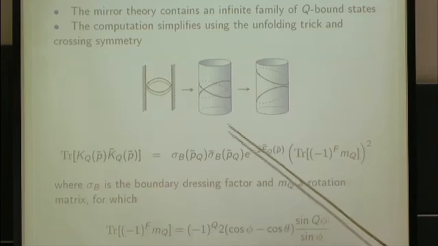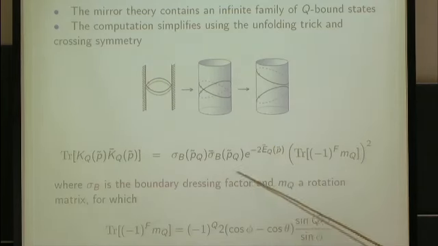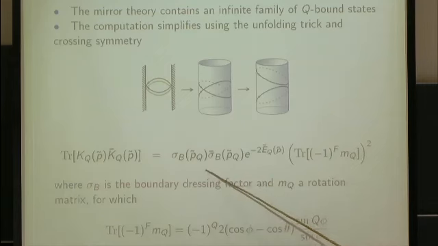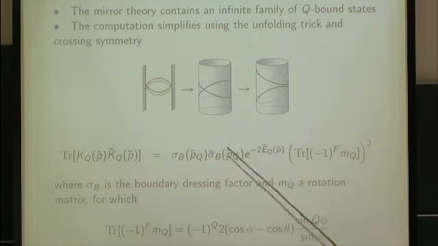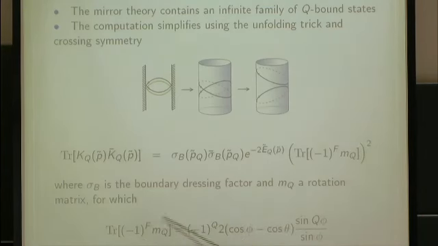Since this is not exactly the bulk scattering, you are left with some factor, which are these boundary dressing factors. It's not that the full matrix structure remains, the matrix structure simplifies, but the overall factor remains. So this trace we need to compute the Lüscher correction in this Wilson loop case. It's just the product of these boundary dressing phases.